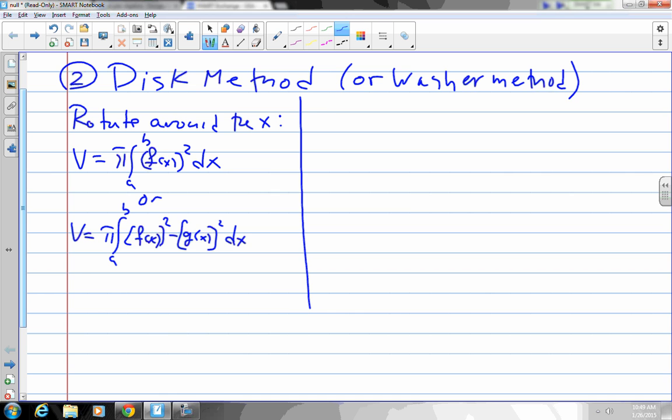Now if you rotate around the y, you'll get a dy integral. So you have very similar formulas. Volume is pi integral from c to d, some other function, let's call it g of y, dy.